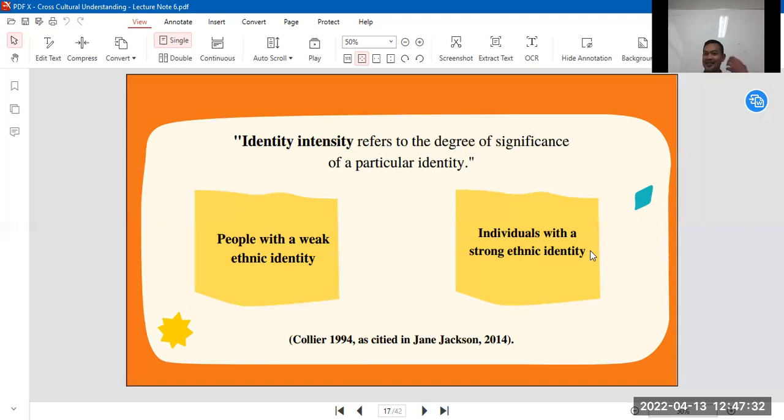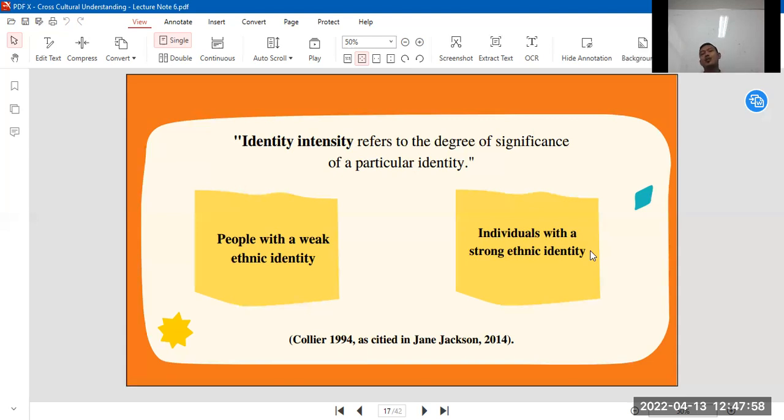So we can say that probably Ratna has a strong ethnic identity because she can understand the circumstances, and that's okay. I don't feel any pressure. I'm secure with my identity, even as a minority in those circumstances.